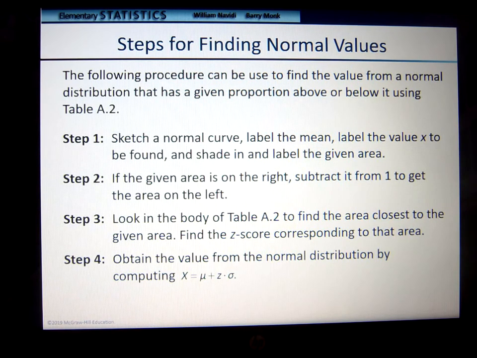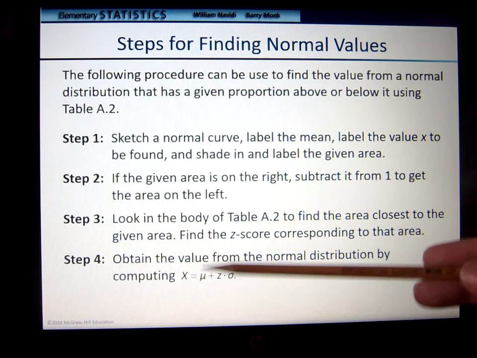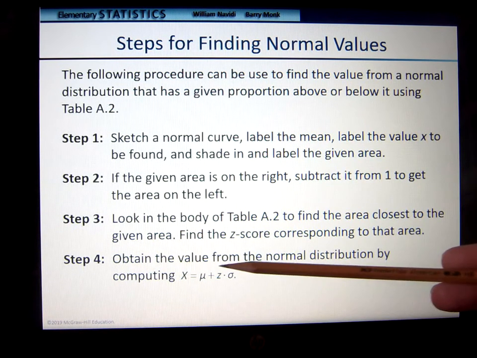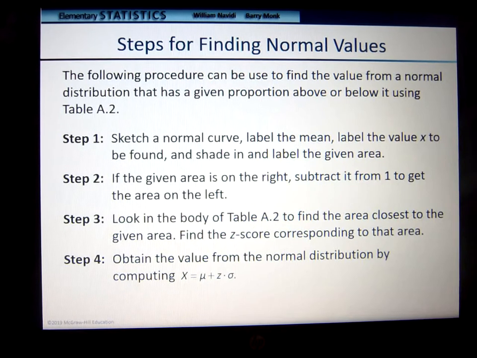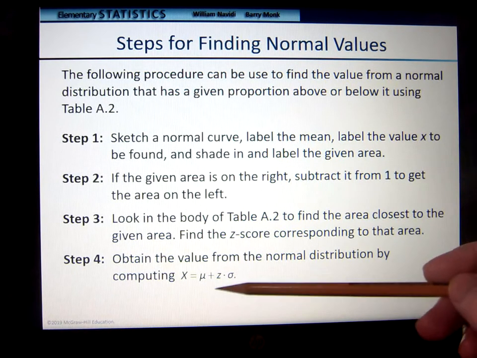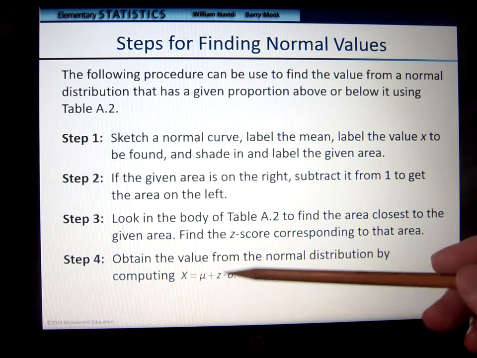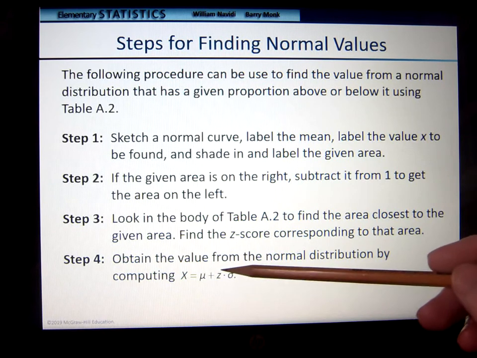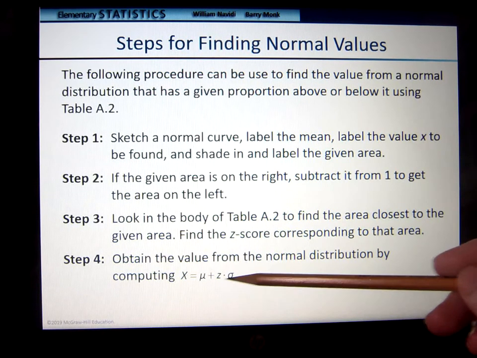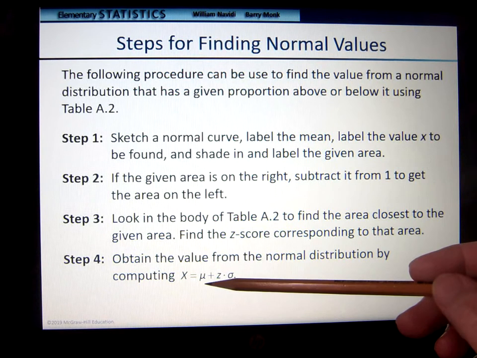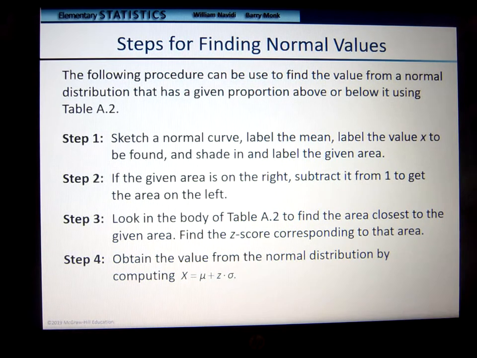Look in the body of table A.2 to find the area closest to the given area, find the z-score that corresponds to that, and then obtain the value of the normal distribution by computing x equals the mean plus z times the standard deviation. Now, keep in mind, z-score is how many standard deviations away from the mean. So that's why you're going to take z times the standard deviation and add it or subtract it from the mean to get your value.